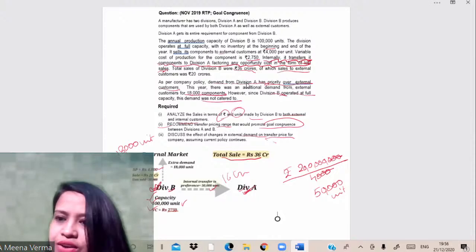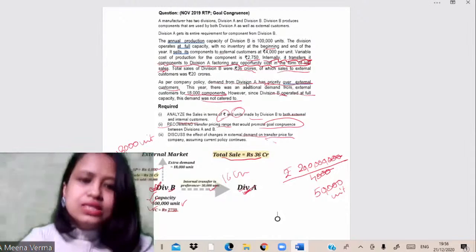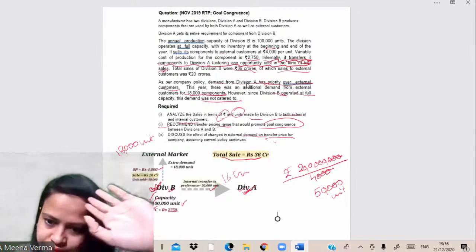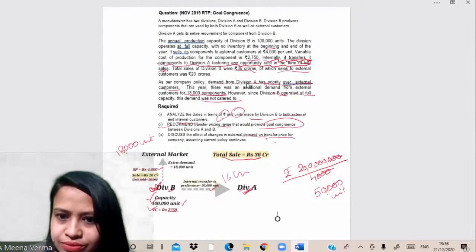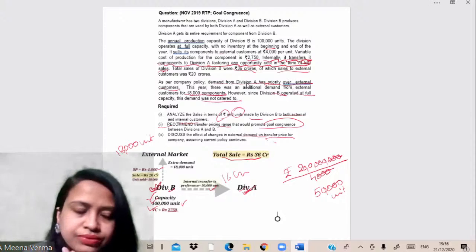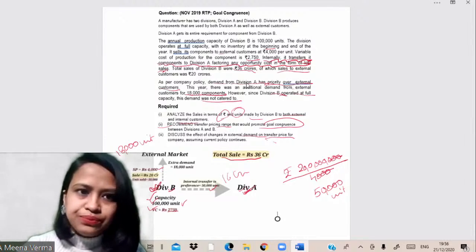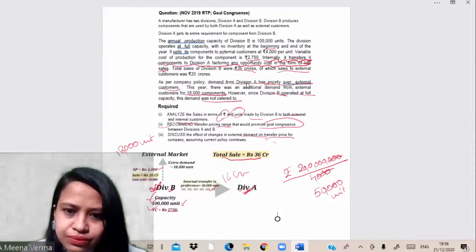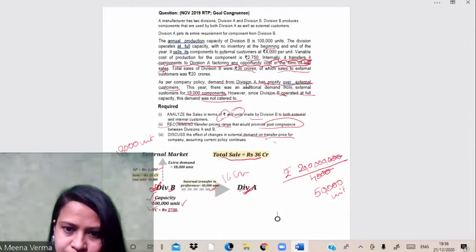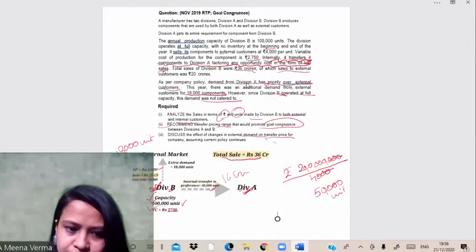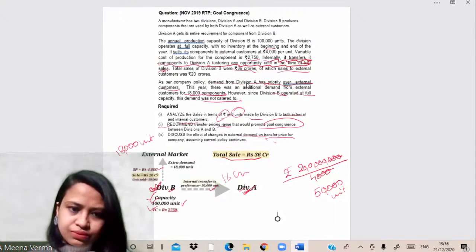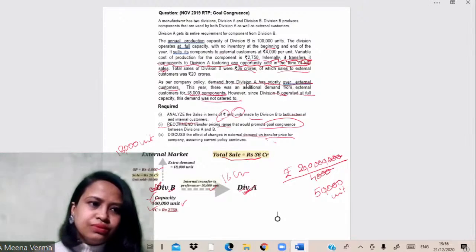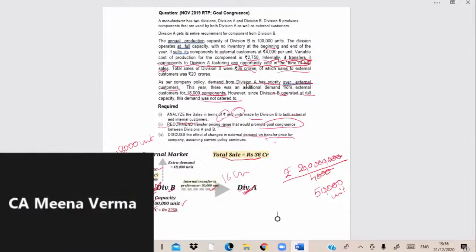Quickly give me the answer, the transfer pricing range so far, whatever we have discussed. Raman, Ravi Teja, Ambika. Other students, give me the answer quickly.